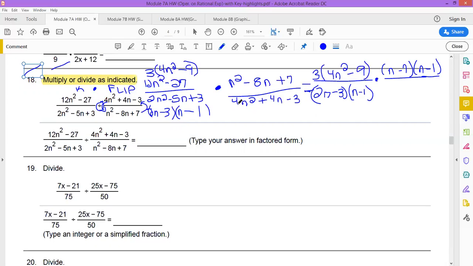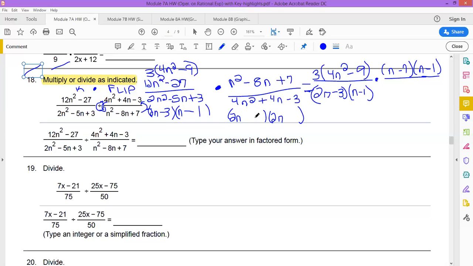In the denominator, 4n squared plus 4n minus 3, our leading coefficient is not 1 again, so you can factor as 4 and 1 or 2 and 2. Let's try 2 and 2 just because our number in the middle is so small. We'll factor as 2n and 2n. And then our minus 3 will factor using a term like negative 3. We want to make sure that we wind up with this positive 4, so we want our larger combination, that 3 and that 2, we want our 6 to be positive.